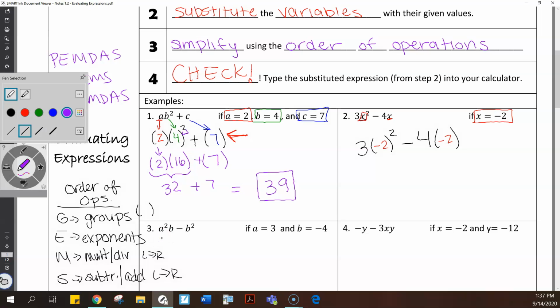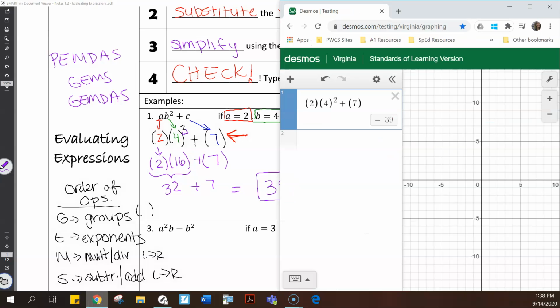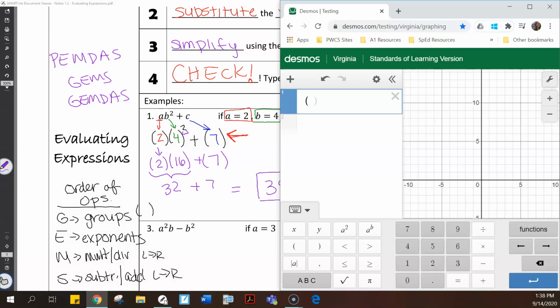Just like we did last time, you're welcome to use Desmos or your calculator, but be careful here when you do this -2 squared. Remember again that the exponent only affects what it's touching. So I'm only squaring -2. If you'd like to put the parentheses, I would highly recommend it.